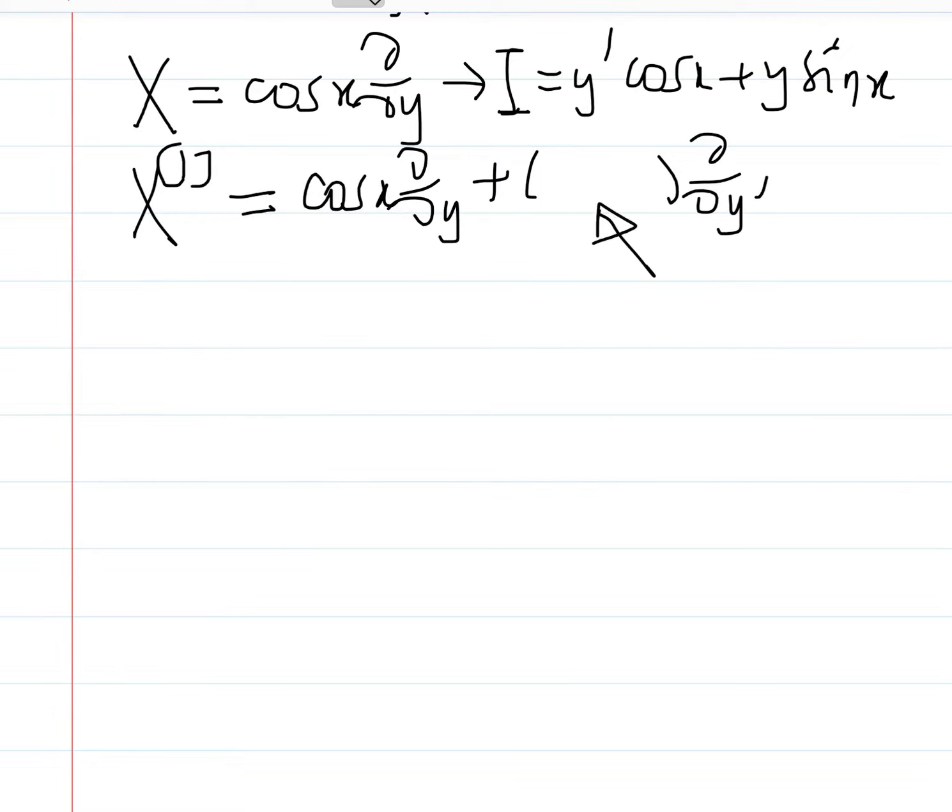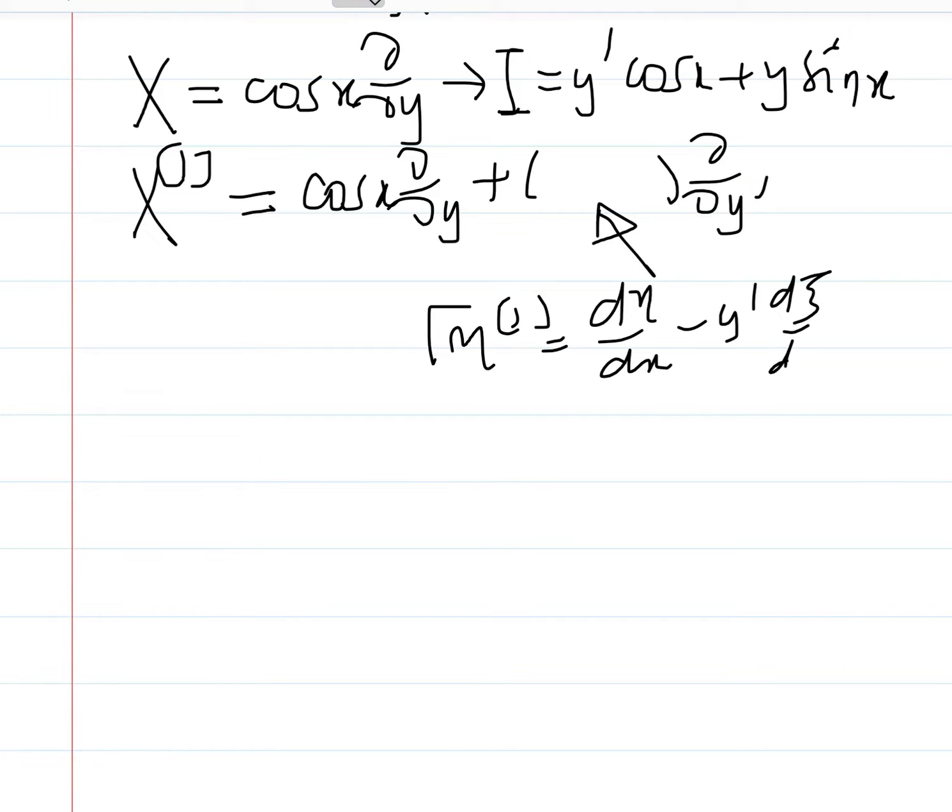Eta 1, remember, is always the total derivative of eta with respect to x minus y dash the total derivative of xi with respect to x, which in this case is 0, since xi is 0. If you differentiate eta totally with respect to x, eta is just cos x, so this is just minus sine x. So this term here is minus the sine of x.